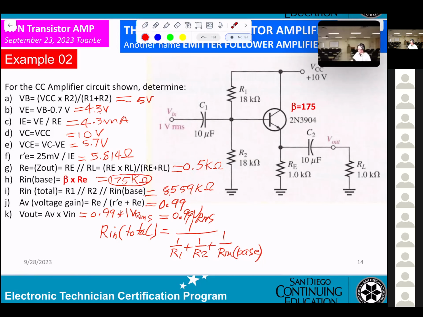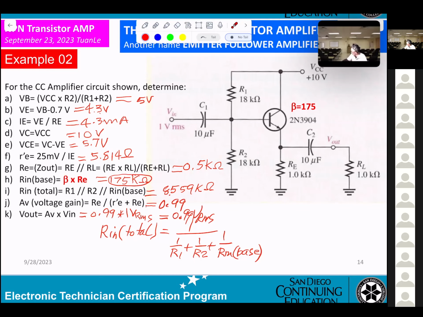Okay, now summarize. You see input is 1 volt. That's output, VAC, 0.99. When I am at output, the same. Okay? So common collector, input and output are almost the same. However, what you have to memorize is that input impedance will be high.